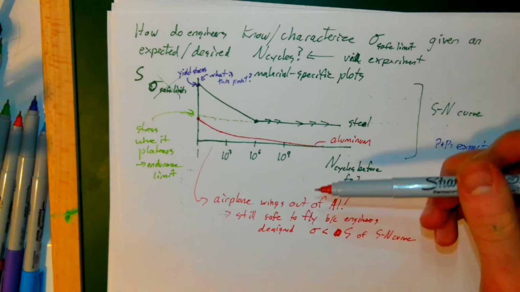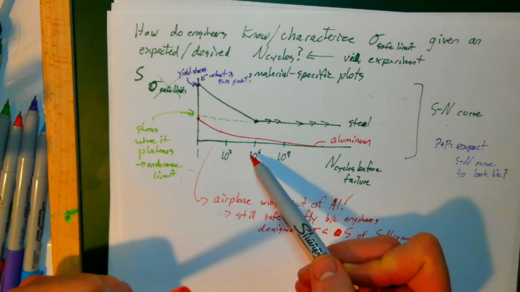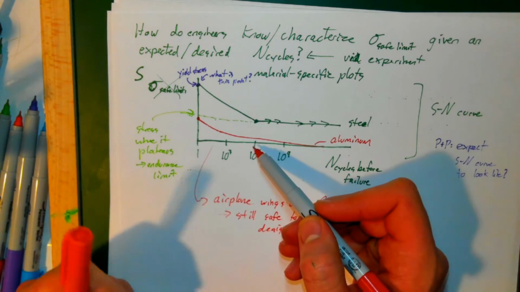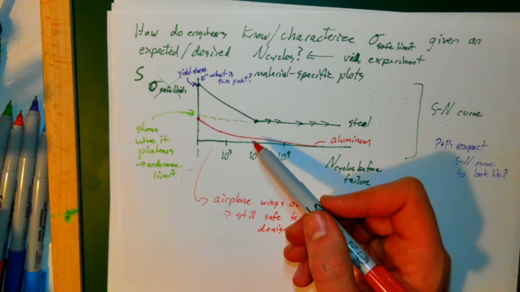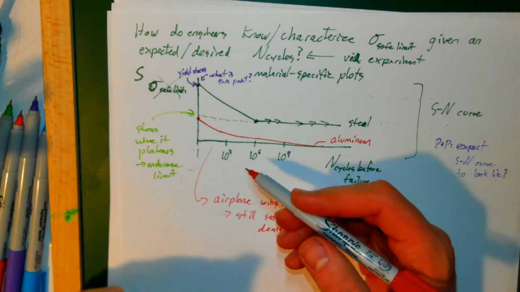So airplane wings don't need to last an infinite number of cycles. Airplane wings maybe only need to last 10 to the third or 10 to the sixth cycles, or something like that, before the parts are replaced or the airplane is entirely decommissioned.